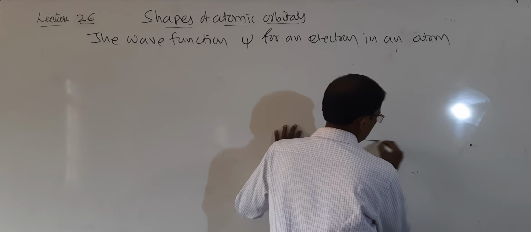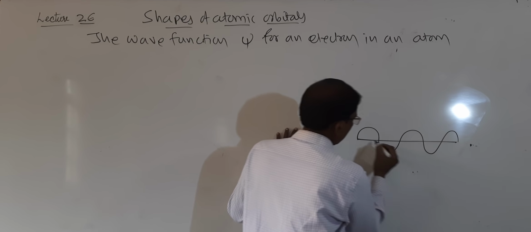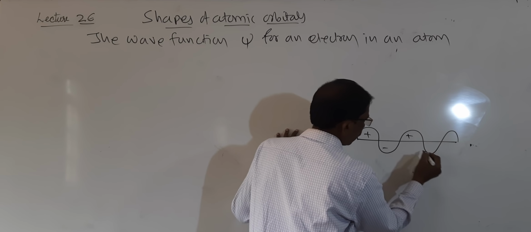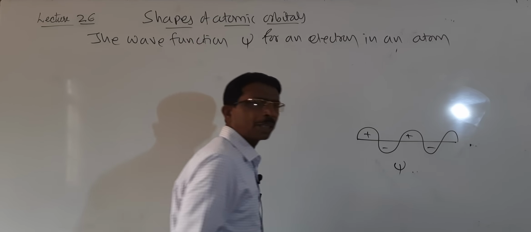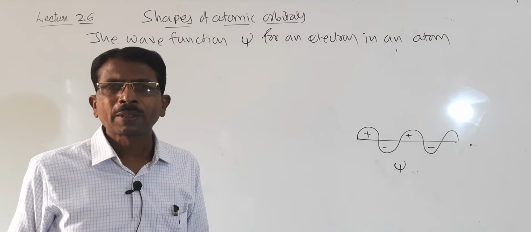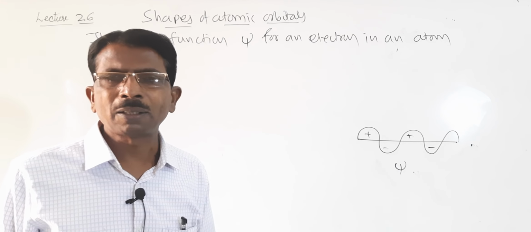Look here students, it is like this: positive, negative, positive, negative. So this is called the wave function, it is called psi. It does not decide the shape of the orbital.